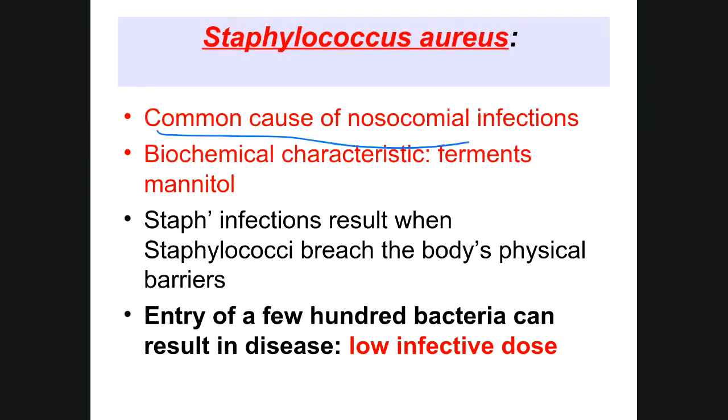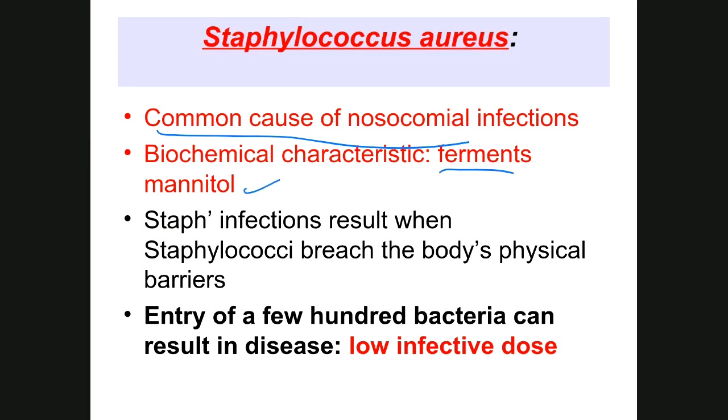So going back to chapter 19, if you look at the organisms that most often cause nosocomial infections, among the gram-positives, the number one is Staph aureus. One of the characteristics of Staph aureus that differentiates it from other Staphylococcus is that it can ferment mannitol.